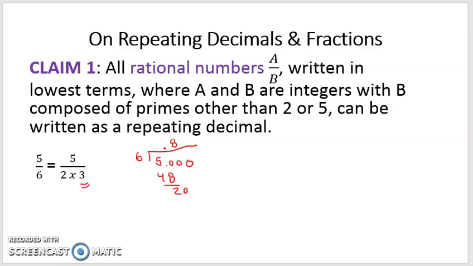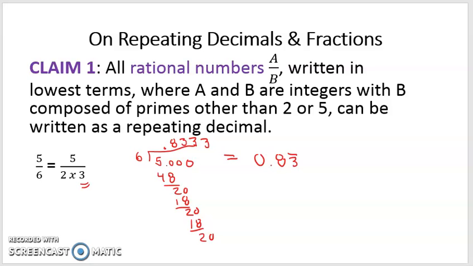So 2, bring down a 0, 20. 6 goes into 20 three times, that gives me 18, gives me a 2, bring down a 0, 3 again. I think I see the pattern here. So 5/6 is the repeating decimal 0.8, and only the 3 is repeating, 0.8333 repeating.